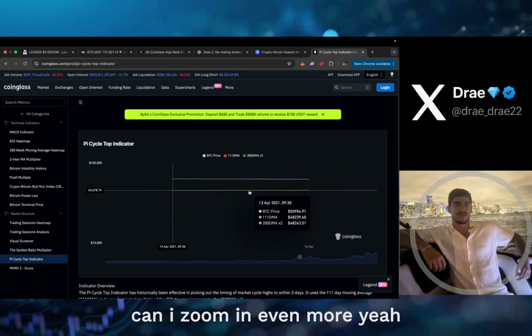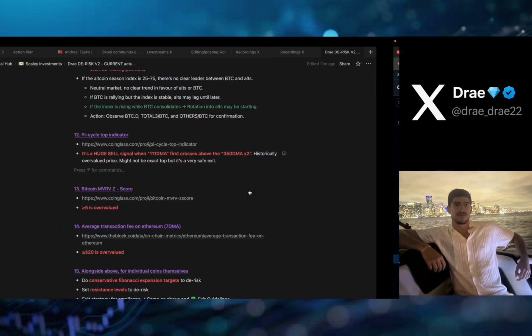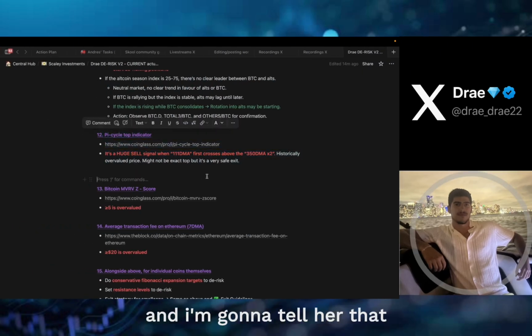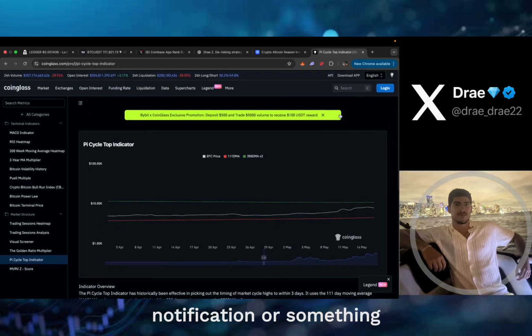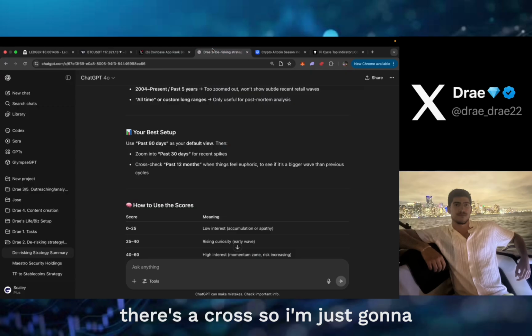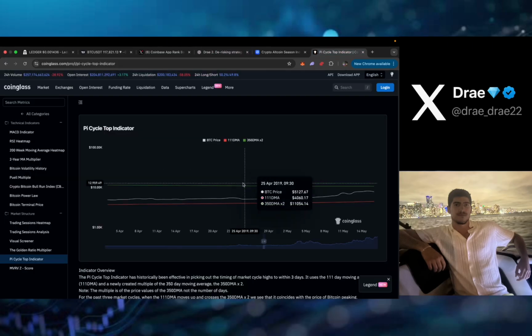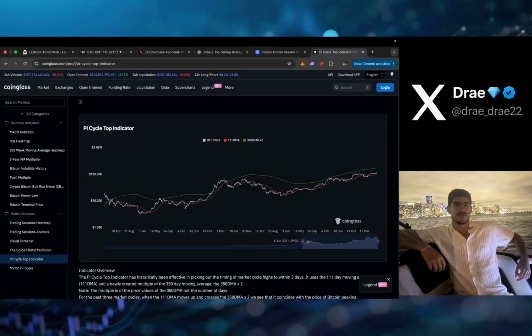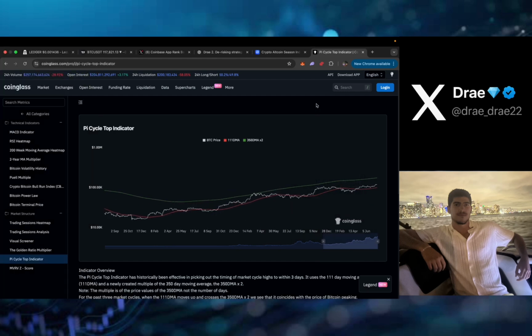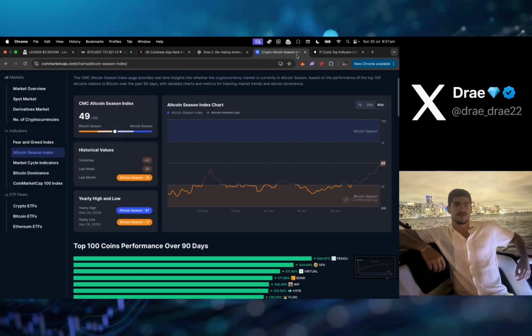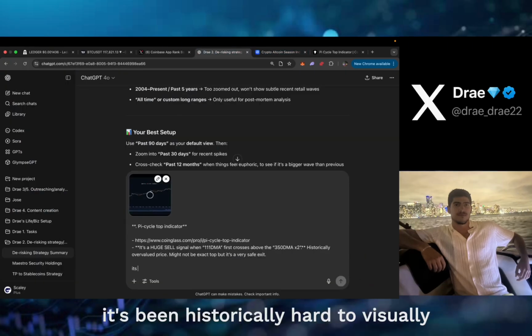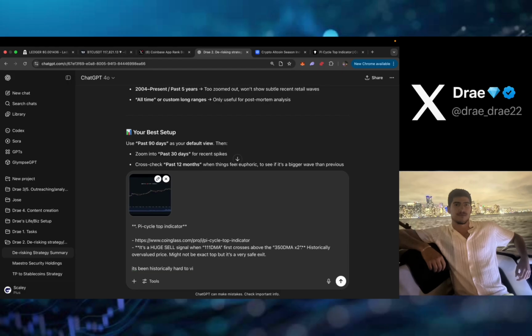Can I zoom in even more? Yeah. It did cross. I'm going to give this a chat and tell it that it's historically hard to visually see the crossover. I need some sort of notification.